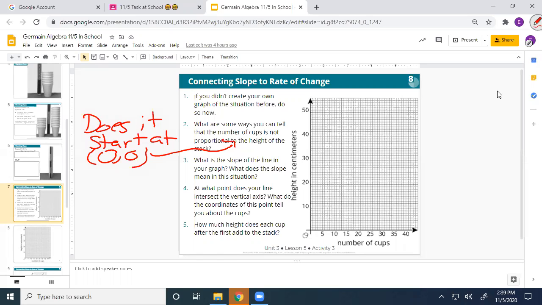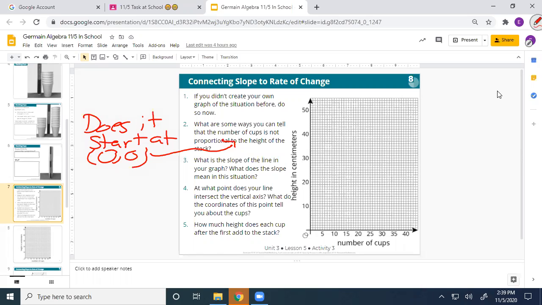I also call it my constant rate of change. So if we're thinking about this cup situation, my constant rate of change is how much I'm adding to my stack each time I add a cup, right? Because that 8 is a constant. It has no variable attached to it.